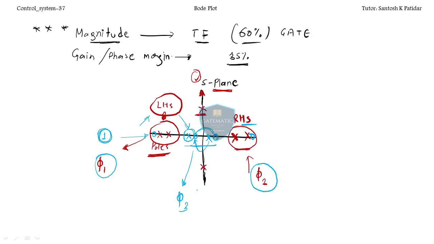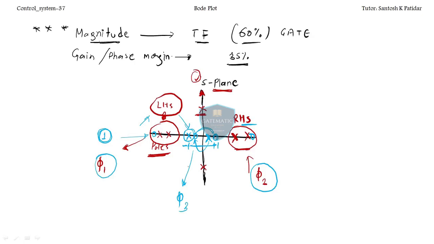The third one we are considering is this type of system. If I have a pole over here at -1, at +1 I'll have a zero. Or the second condition, if I have a pole over here at +1, then definitely I'll have a zero at -1.